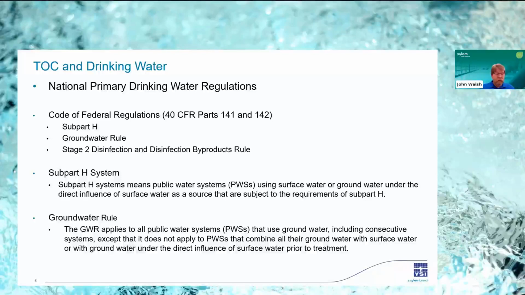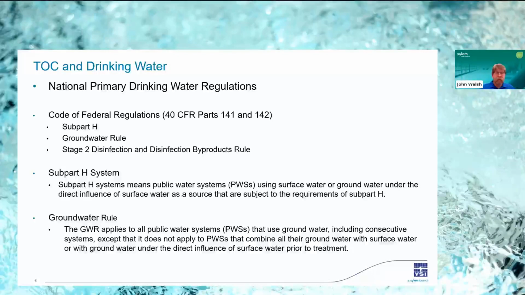It is beyond the scope of this webinar to cover all the details of Title 40. However, there are important sections that are applicable to our discussion about carbon and chlorine. These are Subpart H systems, the groundwater rule, and Stage 2 disinfection and disinfection byproducts rule.